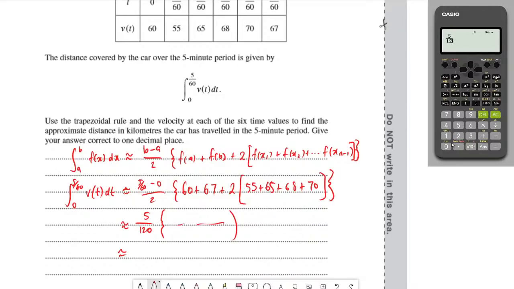So 5 over 120 times 60 plus 67 plus 2 lots of 55 plus 65 plus 68 plus 70, close it off, and we get approximately 26.8 kilometers that he's traveled. When we integrate velocity, it gives us the displacement, so the distance that he's traveled.